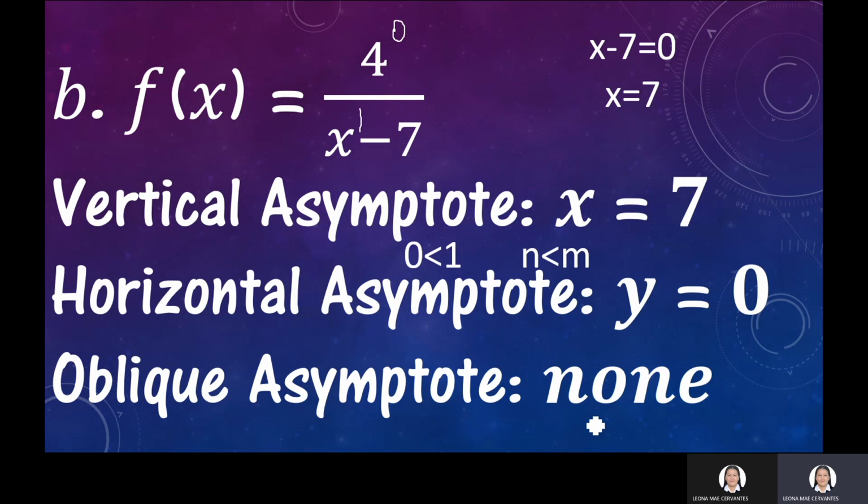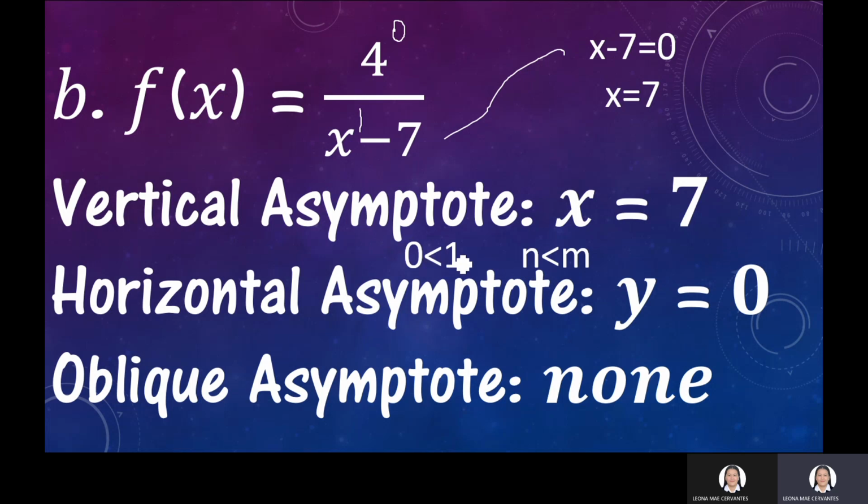Okay? Again, vertical asymptote, kukunin lang yung denominator, equate to 0. So we have x minus 7 equals 0. Therefore, x is equal to 7, positive 7. Yun na yung vertical asymptote natin. X equals 7. Horizontal asymptote, titingnan lang natin yung highest exponent. So, numerator, highest exponent niya is 0. Highest exponent ng denominator is 1. So, we have 0 is less than 1.